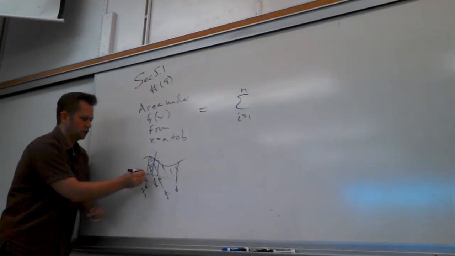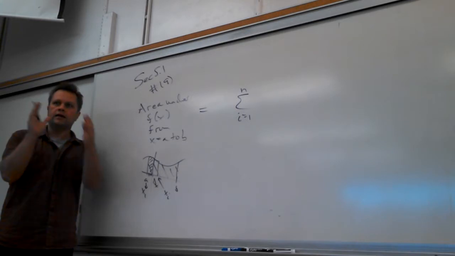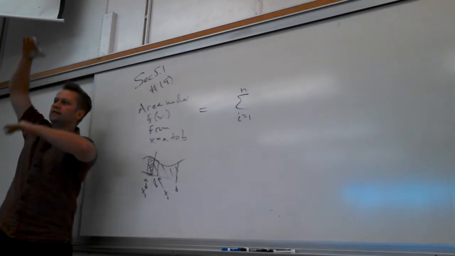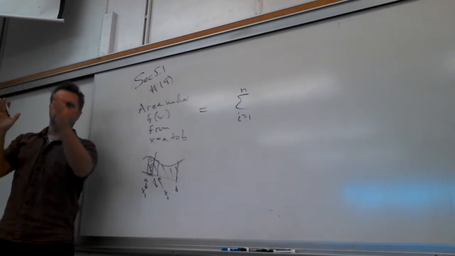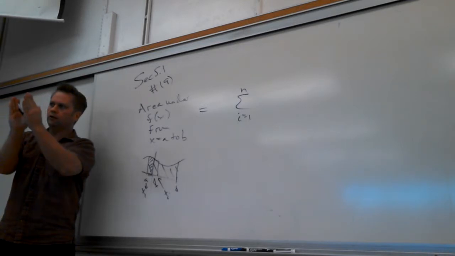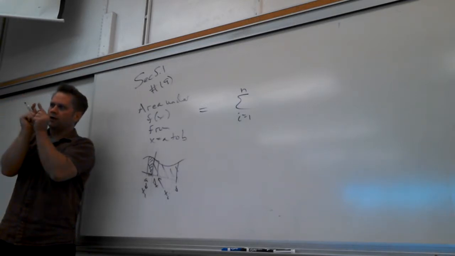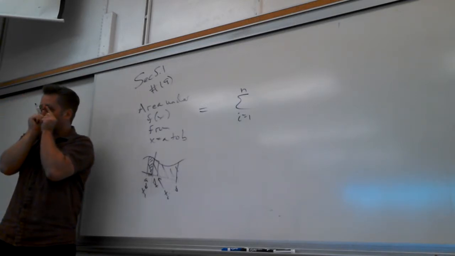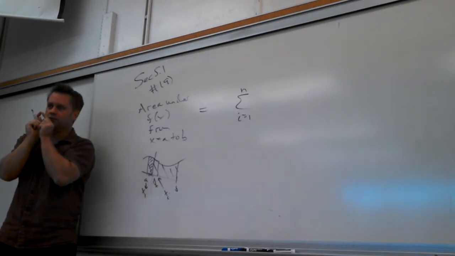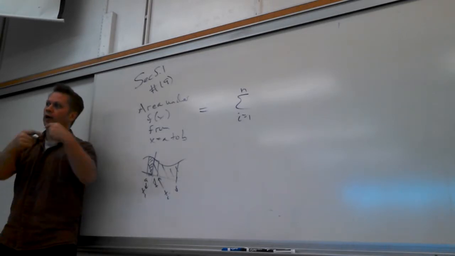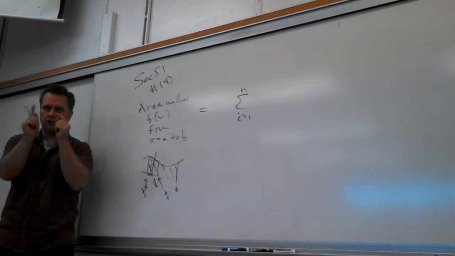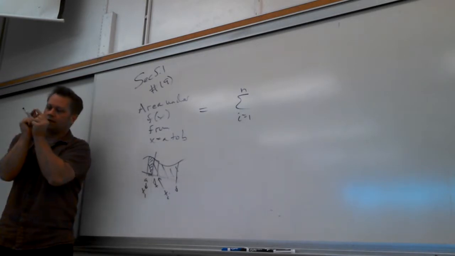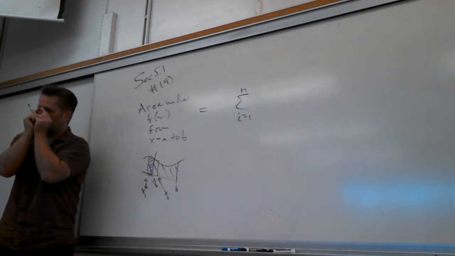It doesn't even matter if you just pick an arbitrary point in the rectangle itself to designate the height. Because if I let the number of rectangles go to infinity, who cares which point I pick? Because eventually I'm not going to have much choice. Does that kind of make sense? So it really doesn't matter on the way to infinity which point you choose to pick. Because basically when you get to infinity, you ain't got no choice.